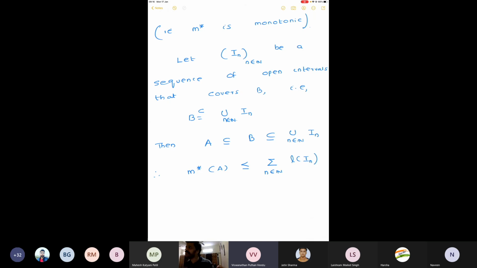I_n is an arbitrary sequence of open intervals that covers B. That means this inequality is true for any cover of B consisting of open intervals. So once it is true for any cover, you can take the infimum.